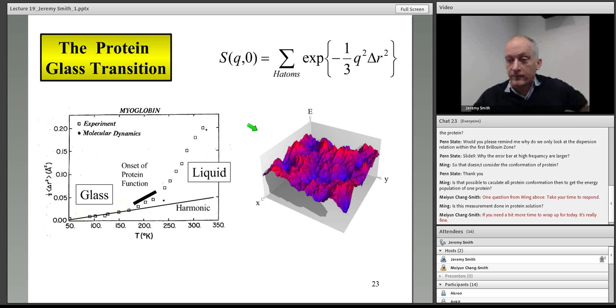Okay, so I'm wrapping up already. I've introduced the glass transition. Just summarize what we talked about today. We reviewed some diffraction methods very quickly, just to make sure you're aware of diffraction in biological systems.